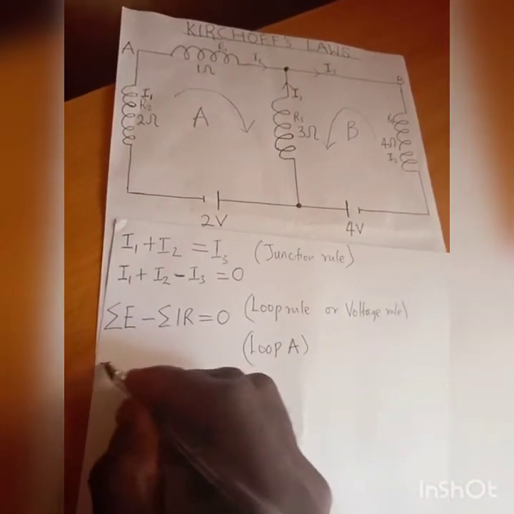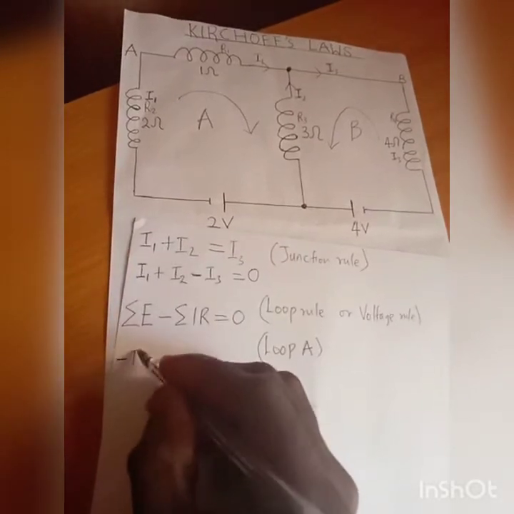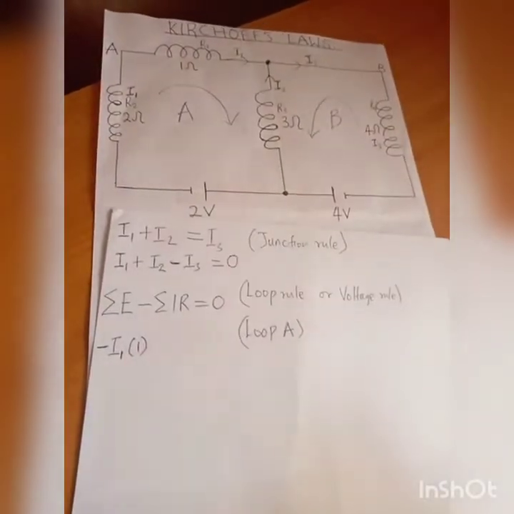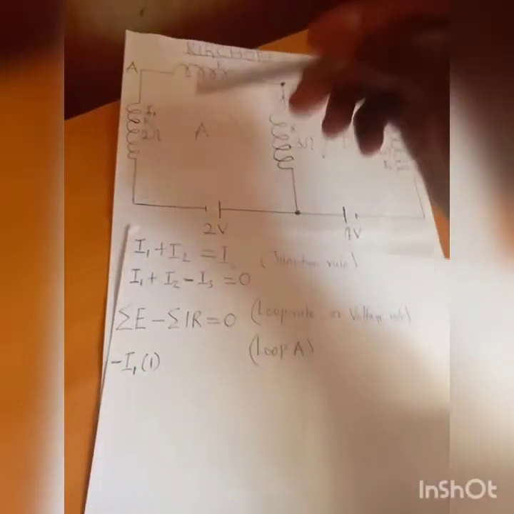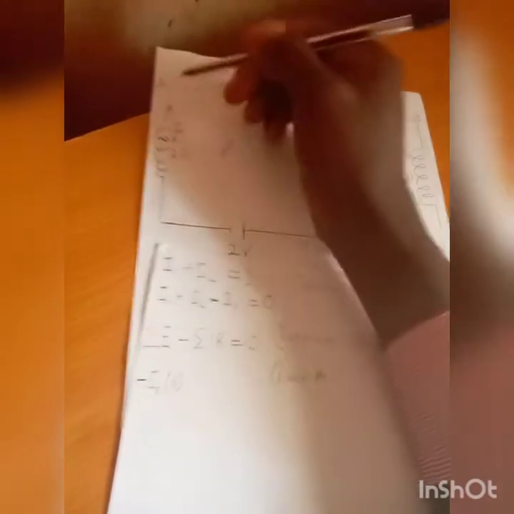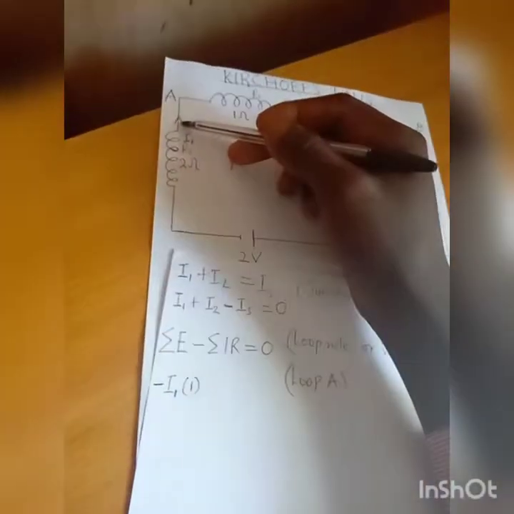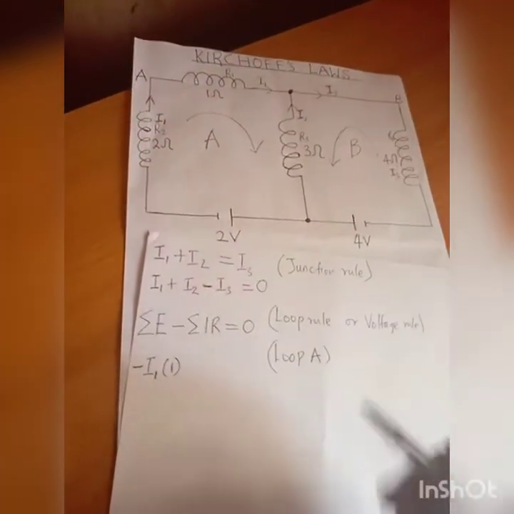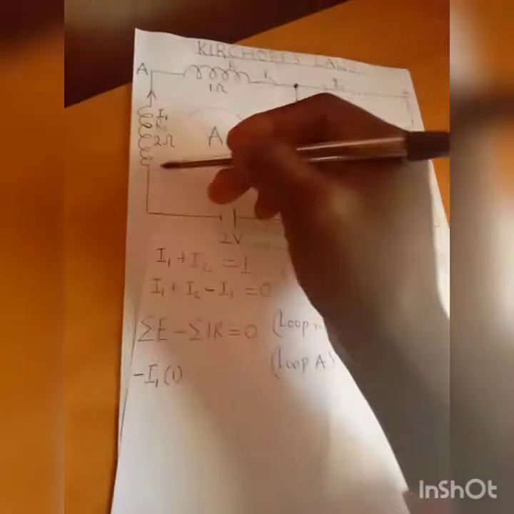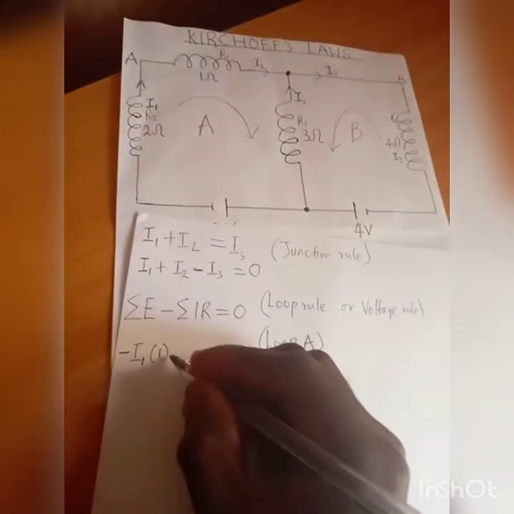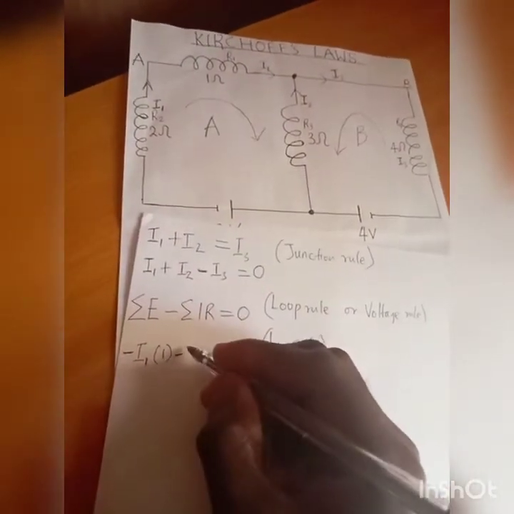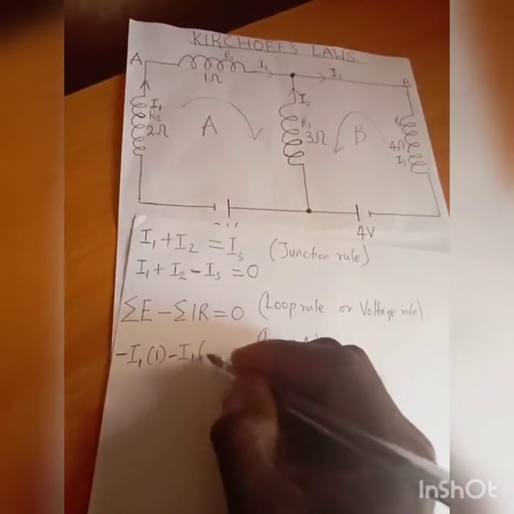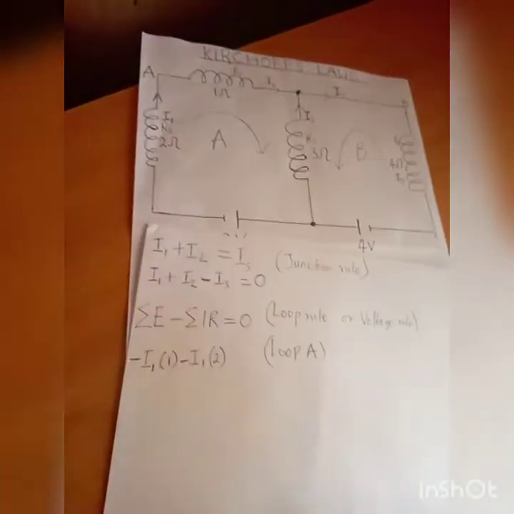We'll have minus I1 times 1. That is the resistor. Then this is moving up. The I1 here, which is this current, is moving in the same direction with this. So since it's moving in the same direction with this, we say minus I1 times the resistor it has.